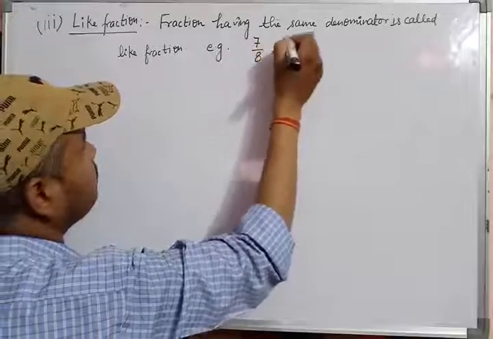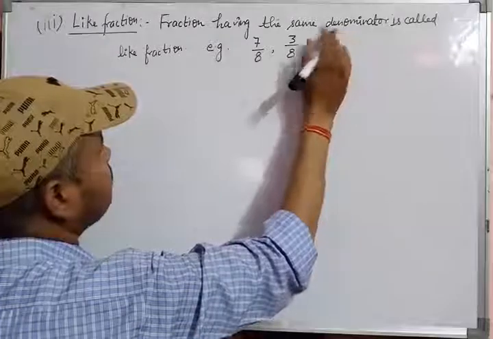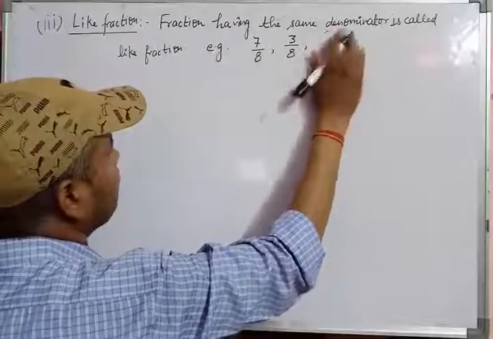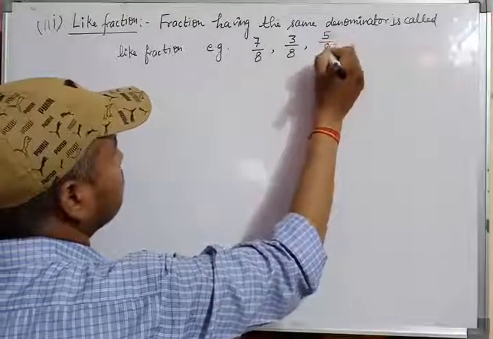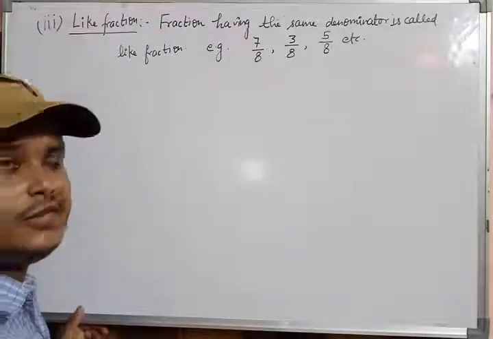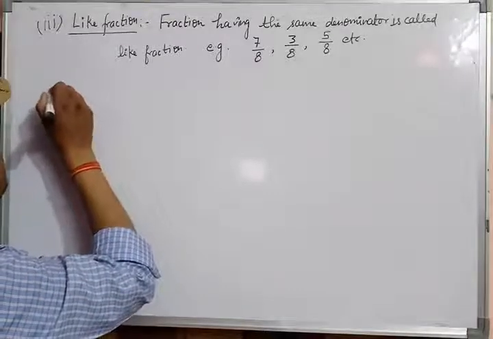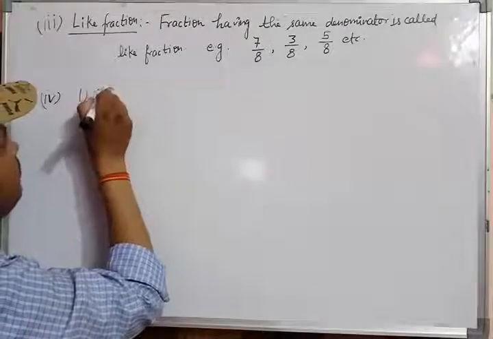For example, 7/8, 3/8, 5/8, etc. Okay, so these are examples of like fraction, and unlike fraction is just the opposite of like fraction.